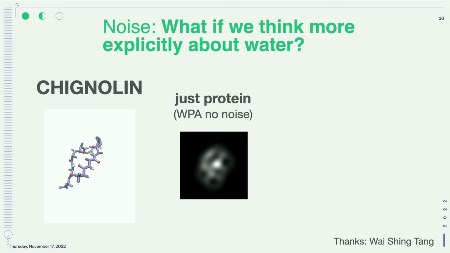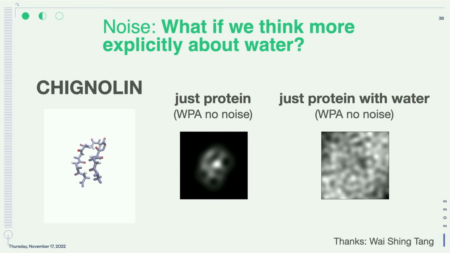So for example, in this project that Wai-Xing has been working on, he's been simulating signaling and generating fake cryo-EM data from this structure. If we add in the waters that are always in his simulations, we see that just adding in the waters produces enough noise that we can no longer really see where this protein is.